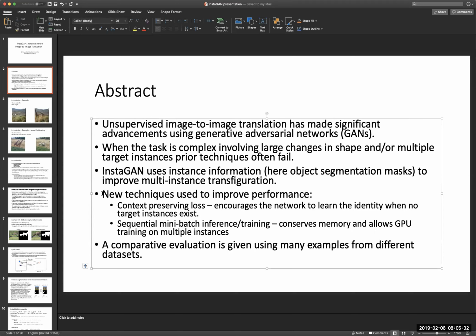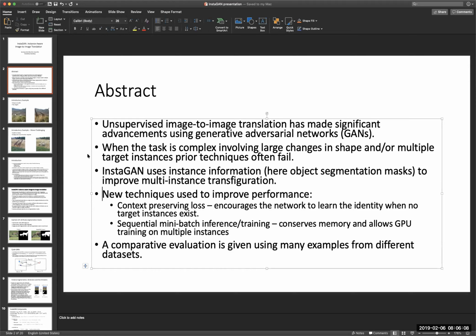And then a practical, algorithmic technology that they've developed called sequential mini-batch inference training. And it allows InstaGAN to conserve memory and allow the GPU training on multiple instances. And then finally, the paper presents a comparative evaluation using many examples from different data sets.